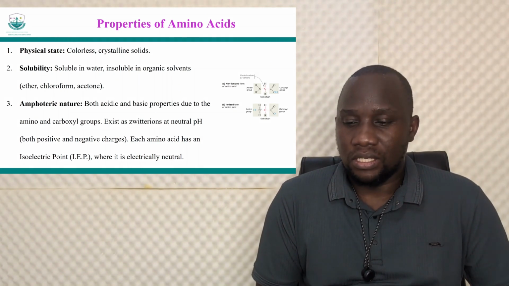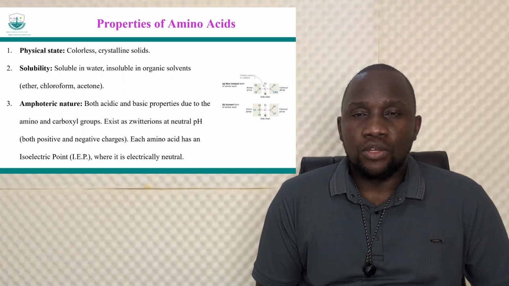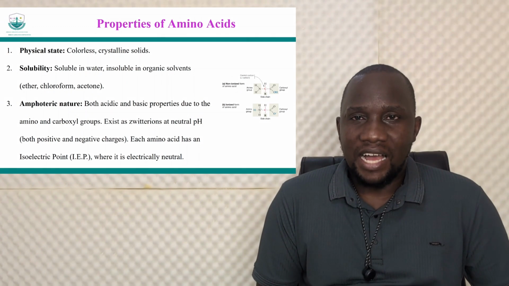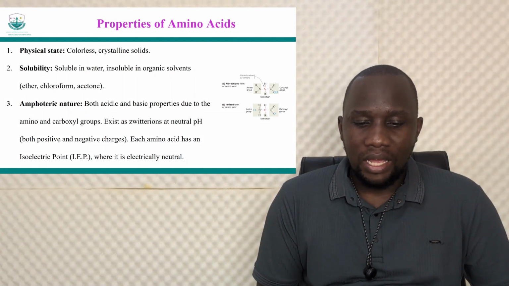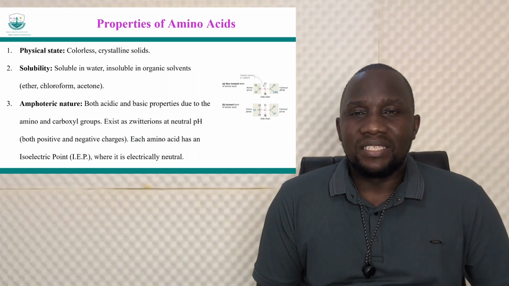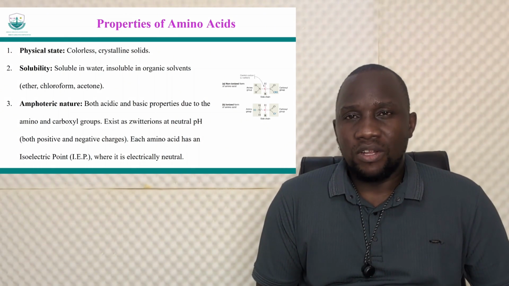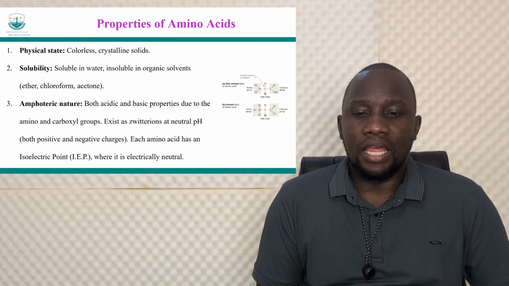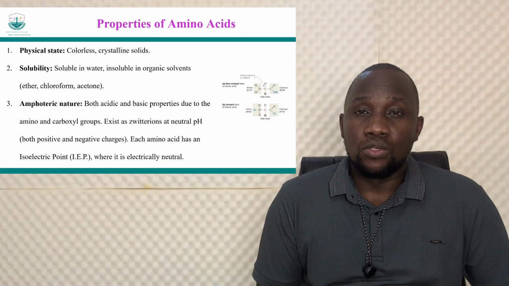Neutral pH is around 7. Each amino acid has its own isoelectric point, that is, the pH at which it is electrically neutral. So always when thinking about the properties of an amino acid, think about its chemical structure.